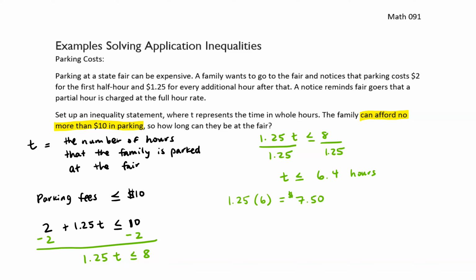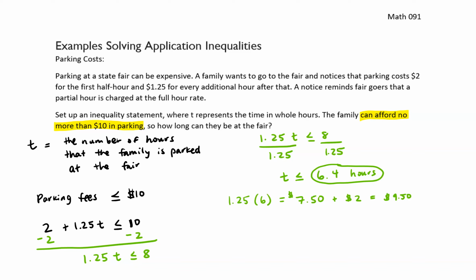And then if we stayed that additional half hour, we would have to add $2 to that, which is going to equal $9.50. So if I stayed any more, even just a minute longer over 6 hours, I would have to add another $1.25 to the $9.50, which would put us over the $10 threshold, or the maximum of $10.